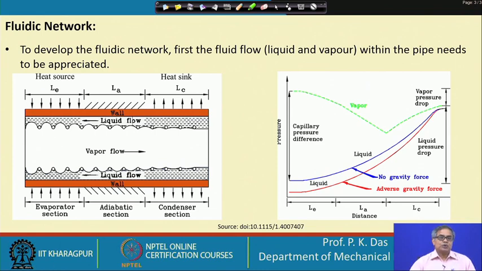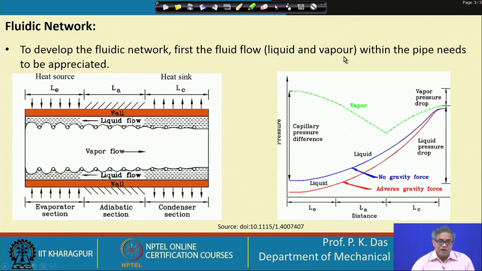The next slide shows us the fluidic network. Here again, we will consider how the fluid flow takes place in connection with the heat pipe, which I am showing on the left side, and the characteristics of the fluid flow are on the right hand side, and that is what we will try to consider, and we will try to develop a fluidic network.